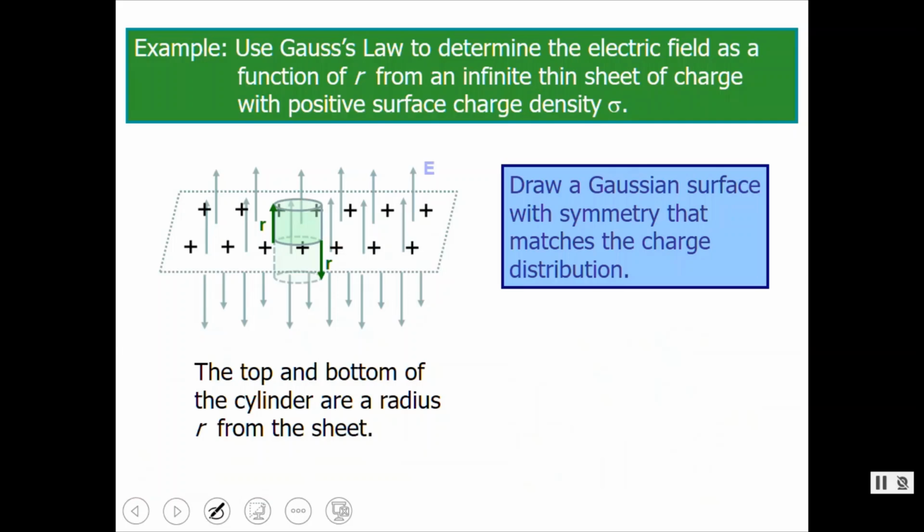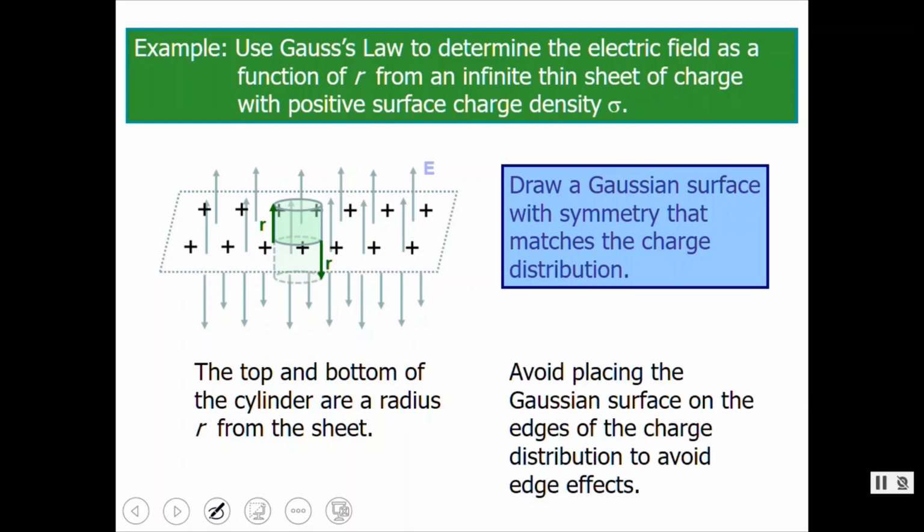I'm assuming that my cylinder is finite, so that the top of the cylinder is a distance R from the sheet, and the bottom of the cylinder is a distance R from the sheet. I'm going to make sure that my Gaussian surface is on the inside because I don't want to worry about any edge effects. You saw edge effects in your parallel plate lab.